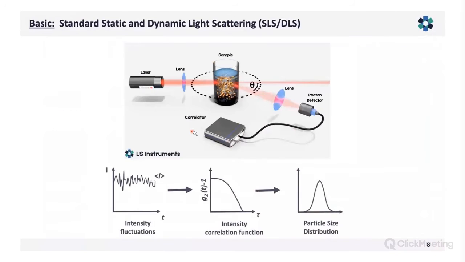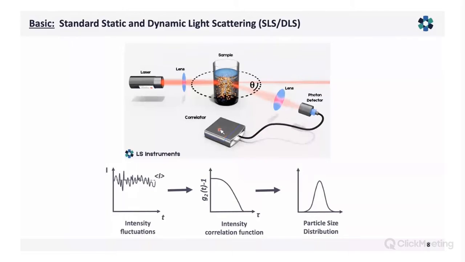Okay, so the standard setup for dynamic and static light scattering looks like this, just to define the different elements that we are using here and in the other variants of cross-correlation. So we have now a bit more illustrative sketch of the experimental setup. We have the laser, we have the sample, we have the detection direction with a scattering angle theta, and then the light that is detected here is resolved with a photon counter that directly channels the signal to the so-called digital correlator.